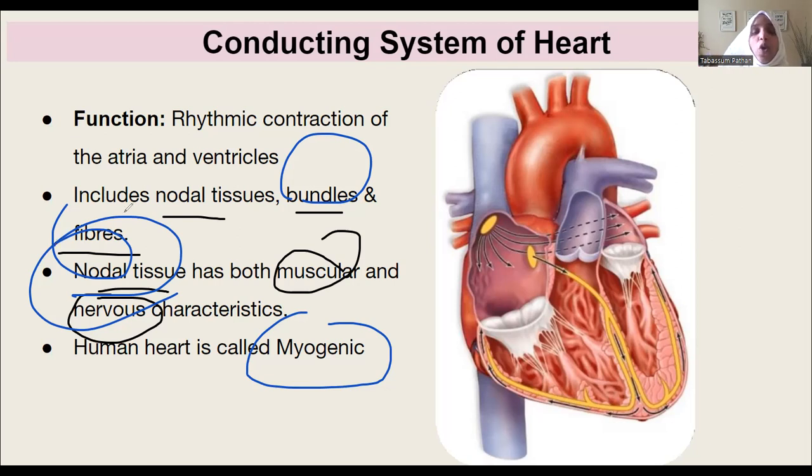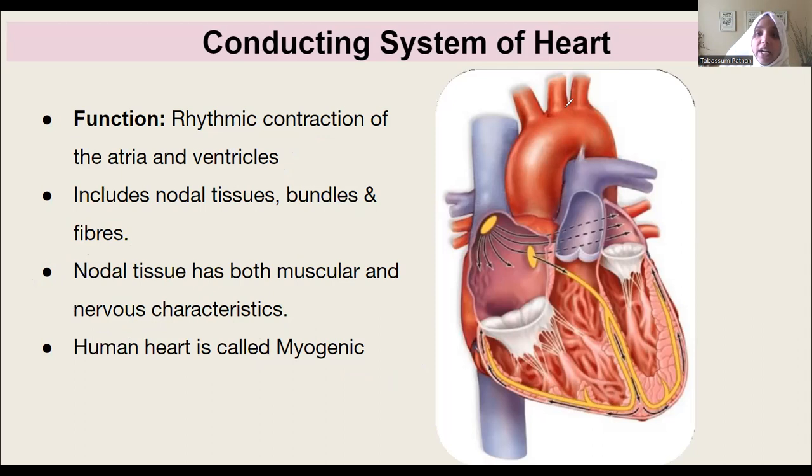Also, there is hormonal involvement in the pace of an individual's heartbeat. So you have all three involved, but primarily the heart is myogenic in nature. That is, it is not directly dependent on nerve impulses for the contraction and relaxation to happen. So this is the general understanding of the conducting system of the heart.